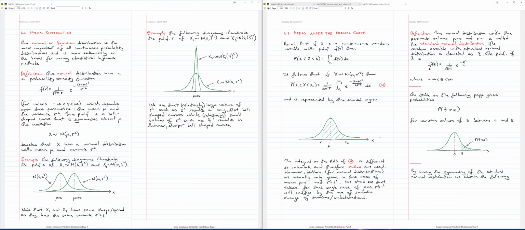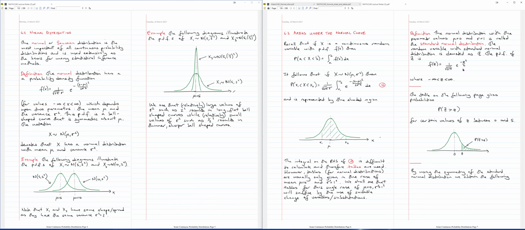A standard normal is denoted as z. When you do the conversion, it's a change of variables. This is the original one over here, and the conversion will take you to this over here. If you notice, the form is similar. Here it's z squared and here it's x minus mu squared.